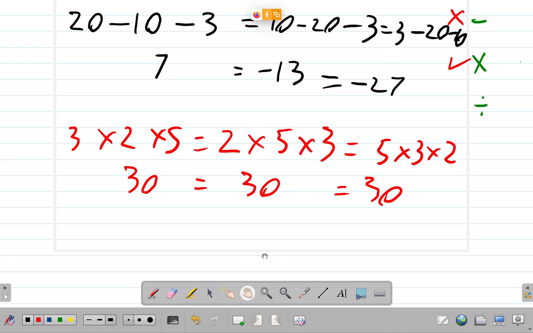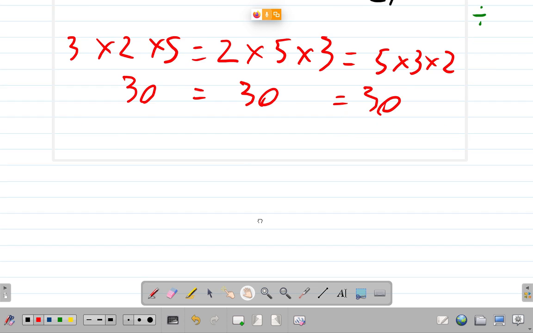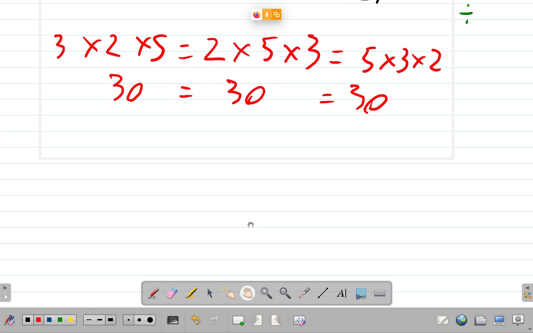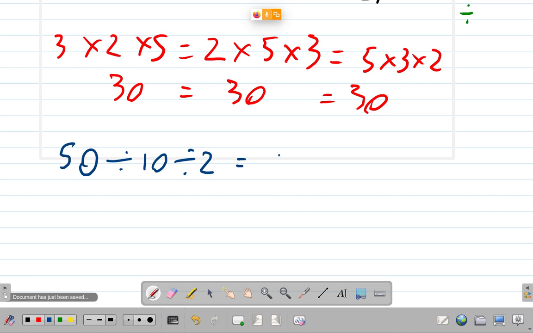Now, division. Is division commutative? We want to find out. Suppose we take an example where we say 50 divided by 10 divided by 2. Is it equal to, say, 10 commutes to the left, divided by 50 goes to the middle, divided by 2 goes to the right?